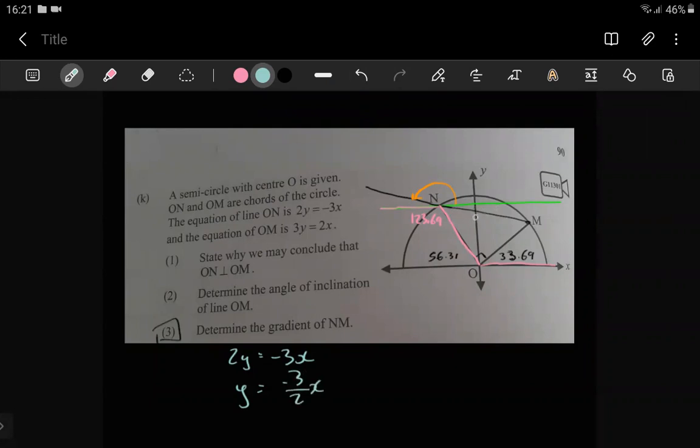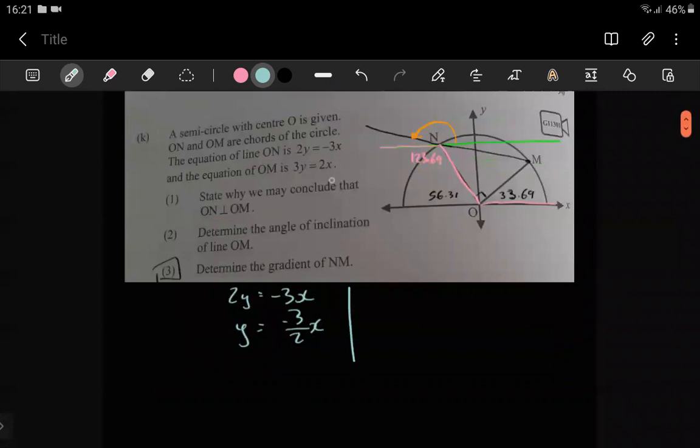That's for ON, right? This one is for ON, and the other one is for OM. No, they all have the same x-intercept, which is this one. And the other is y equals 2 over 3x, right? Okay, yeah.